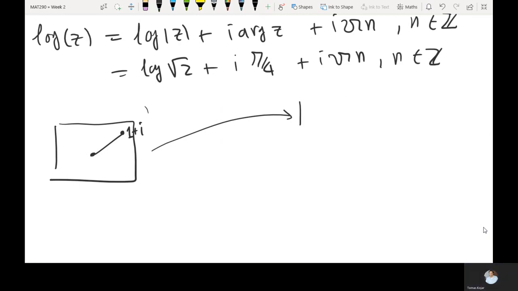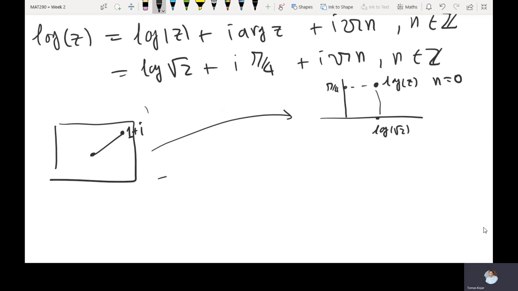So let me make it a bit bigger. So we have log square root 2, and this is pi over 4. So this here is log of z for n equal to 0, right?